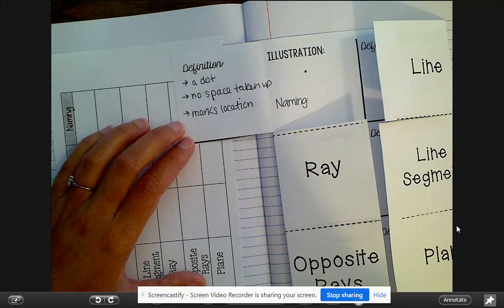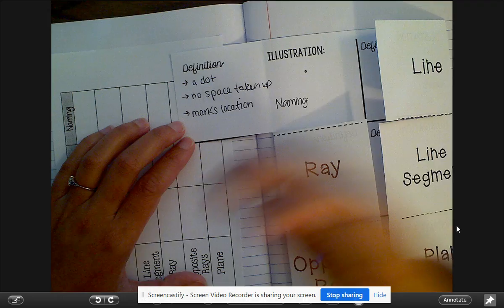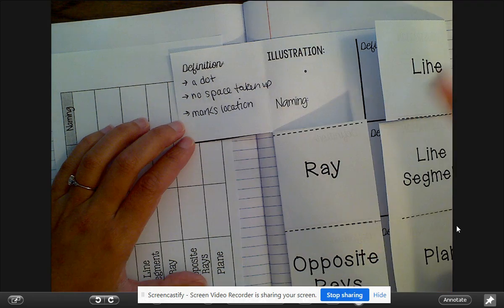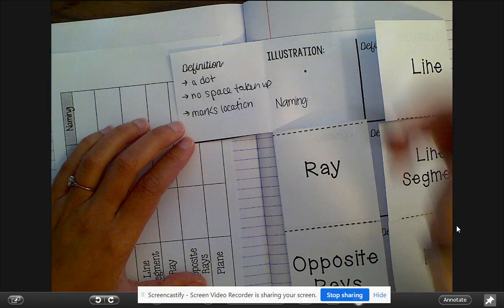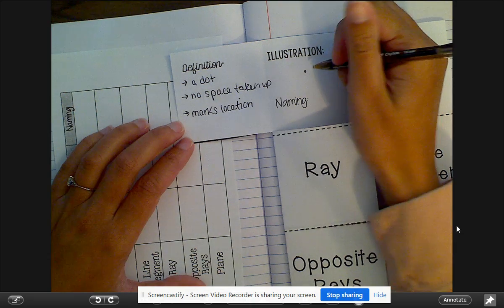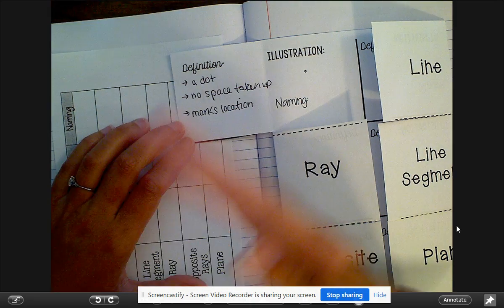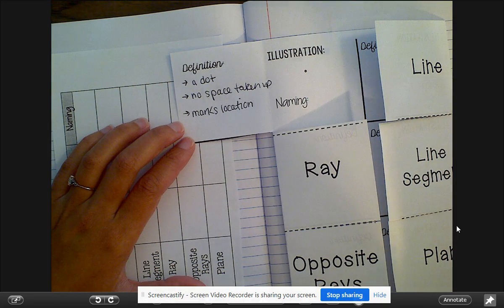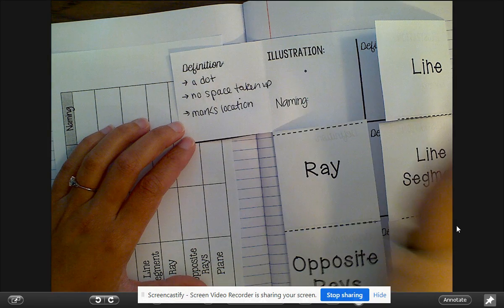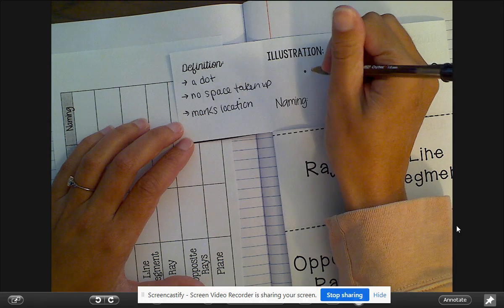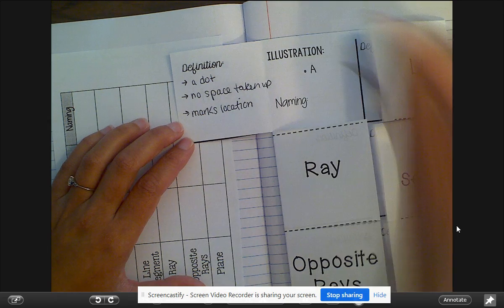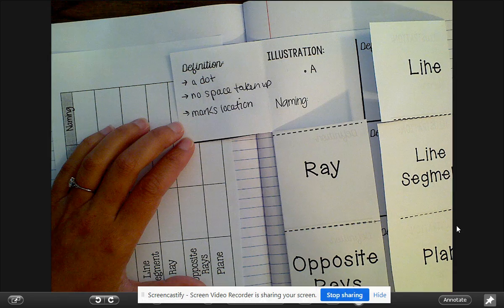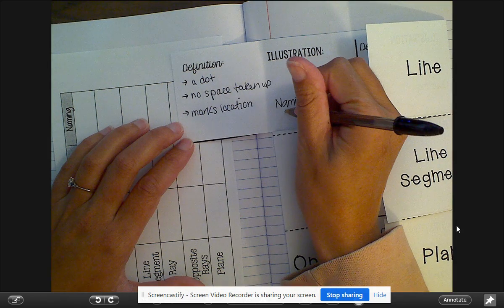You want to draw a small little dot. You don't want to make it huge. You don't want to make it like a circle, like an open circle. It wants to be a filled in dot. And we need to label it because Cops and Robbers is in a different location than, let's say, the new candy shop that has the rolled ice cream that's really good. So I need to name my points, and the way that I name them is I put a capital letter near that point. So we always want to use an uppercase letter.